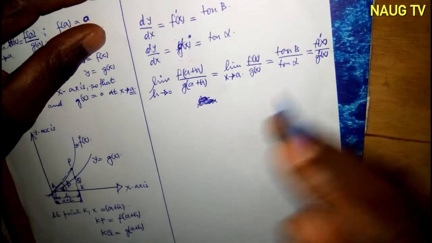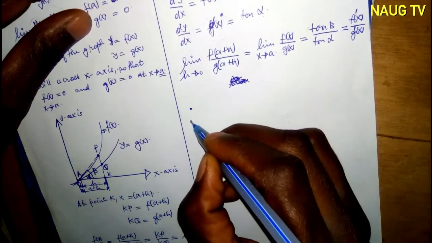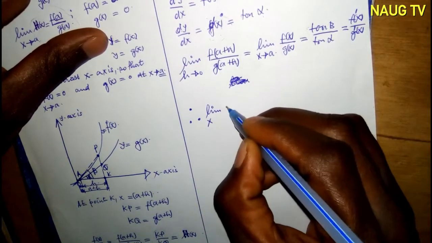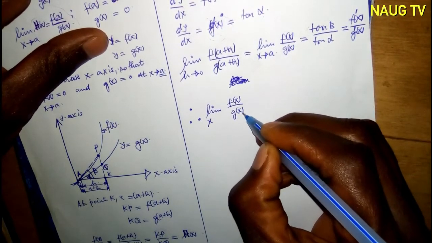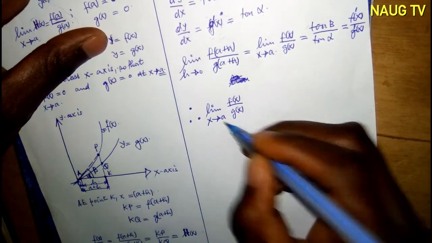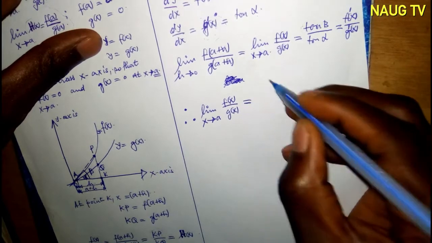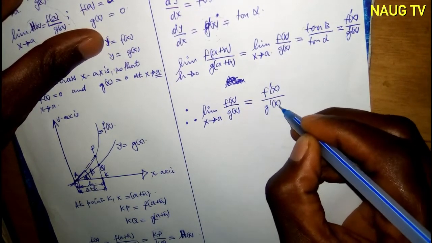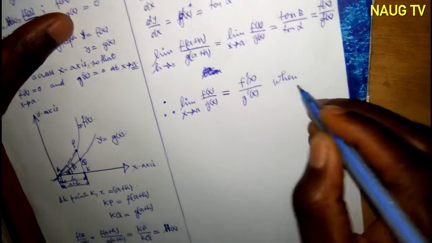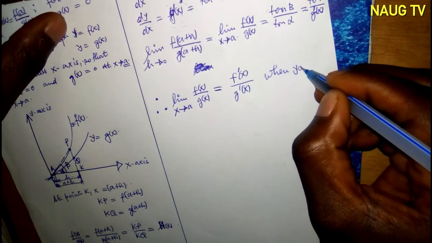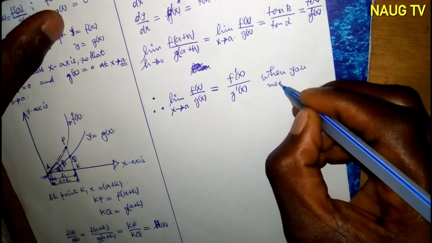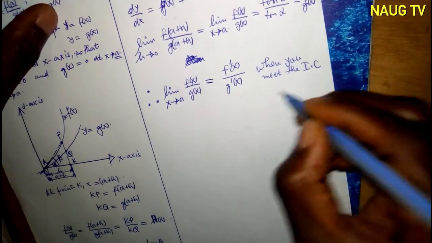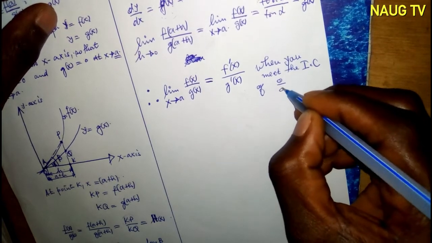So as a conclusion you can say that the limit of f of x over g of x, as x approaches a, would be equal to the derivative of f of x over the derivative of g of x, when you meet the indeterminate case of the form 0 over 0.